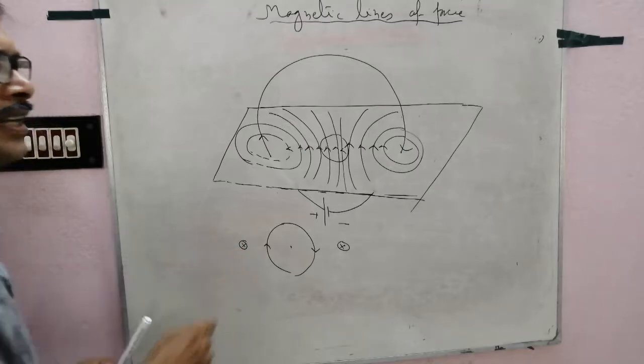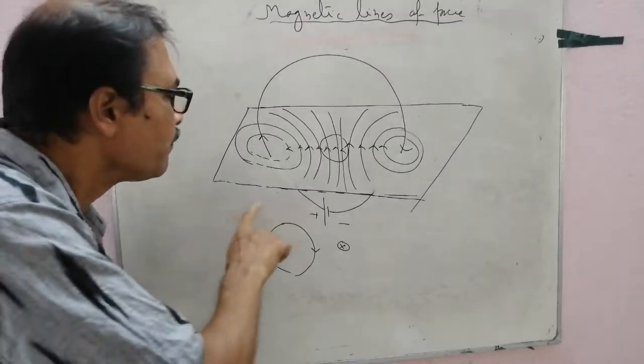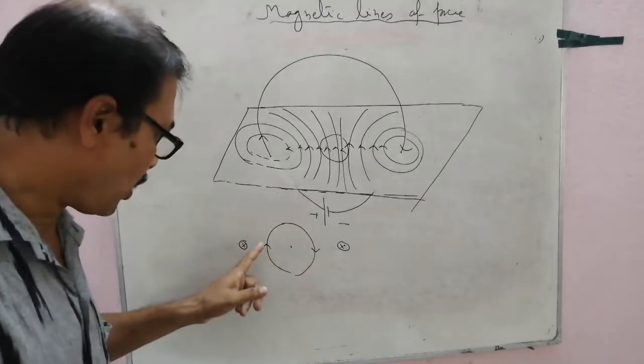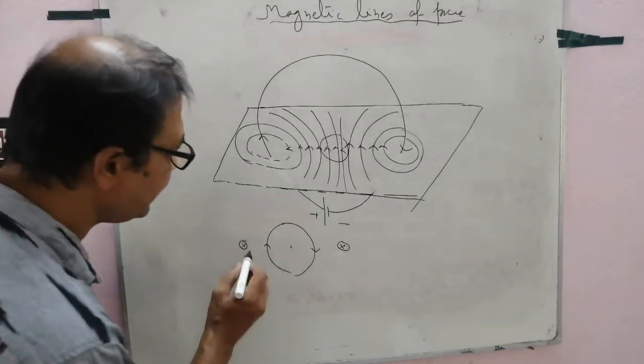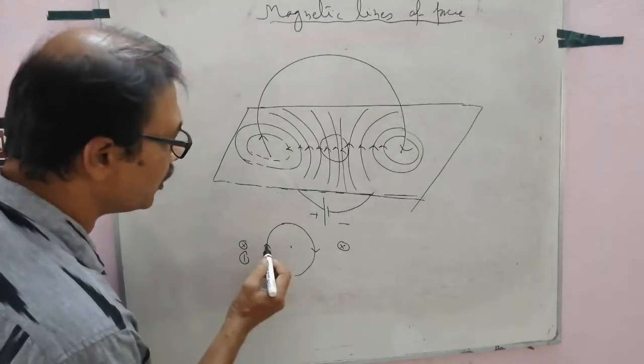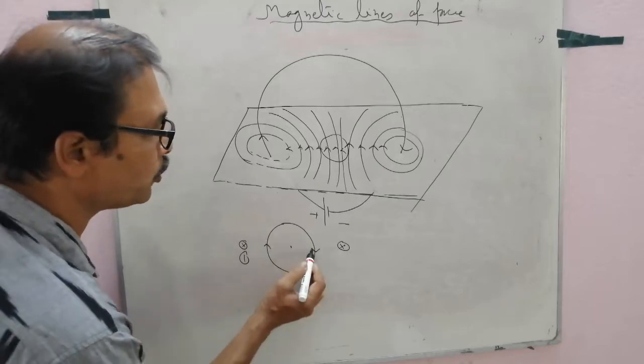That is why here the magnetic field is very, very weak, because for this portion the magnetic field is upward, and for this portion downward.